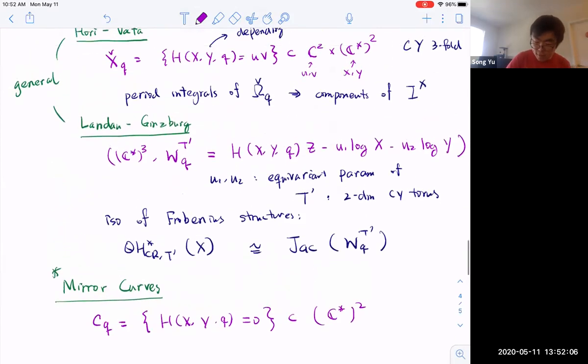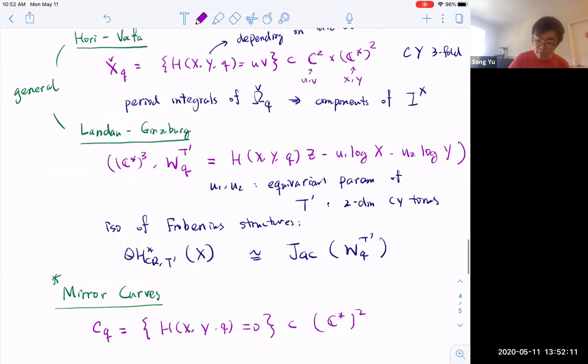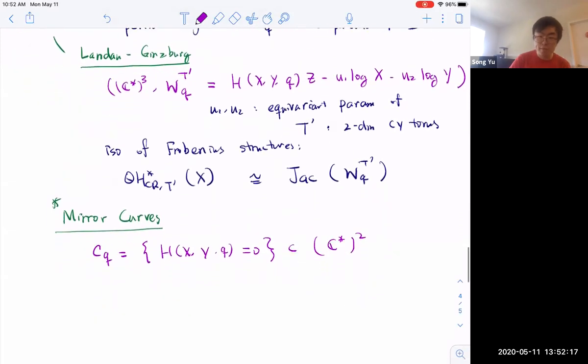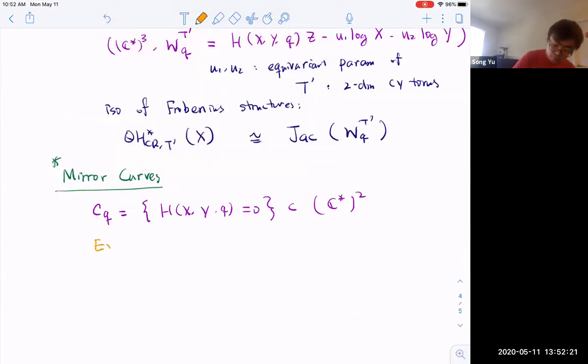I should say these H's are the same in all three families. H is given by the toric data, and I'll write down the example, K P^2.